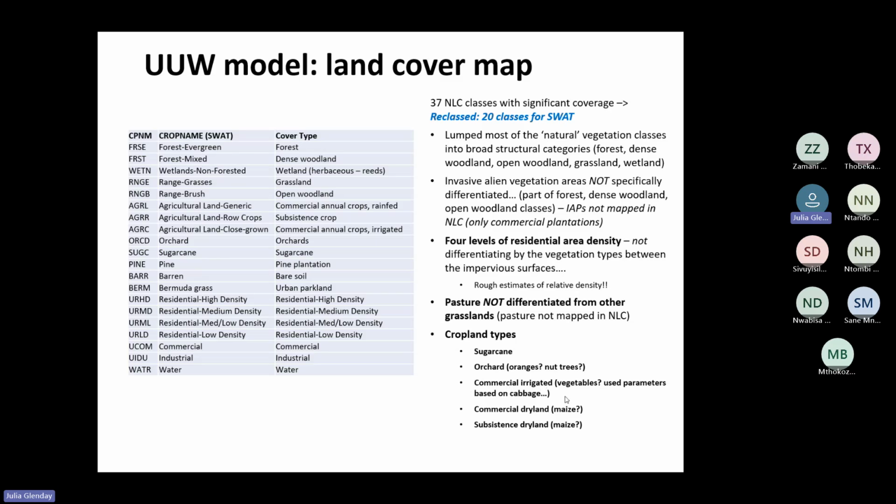These I assumed were vegetables, and I used some parameters based on information on cabbage farming, actually, as a common one. Commercial dryland agriculture is assumed to be maize, and subsistence dryland agriculture is also assumed to be maize in terms of parameterizing those cover types.